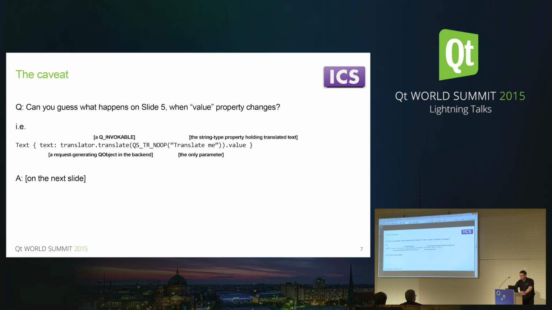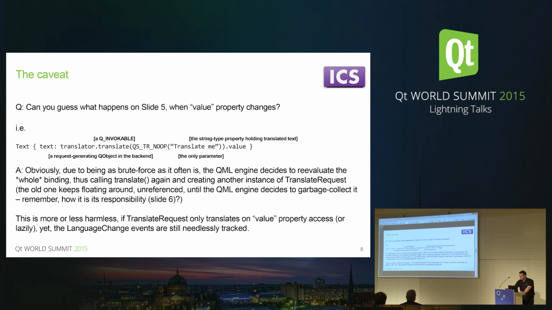But what actually happens is almost like in the case when you append an empty string using that original trick that we saw before: the whole expression gets reevaluated, and you get a fresh new value of this translate request object, which means these objects keep floating around until they are garbage collected, which is quite unfortunate.